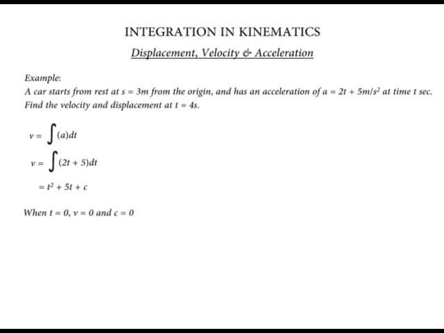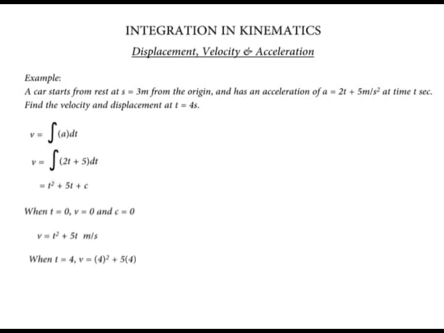So the expression for velocity as a function of time will be v is equal to t squared plus 5t meters per second. And therefore, when t is equal to 4, v will be equal to 4 squared plus 5 times 4, giving us 36 meters per second.